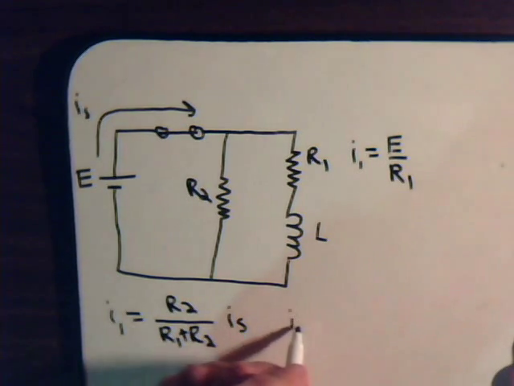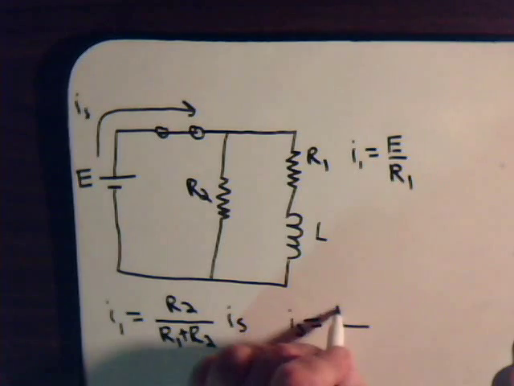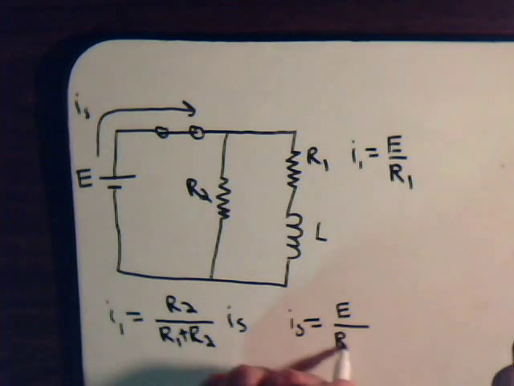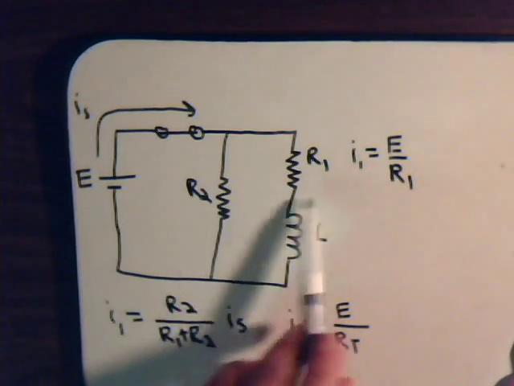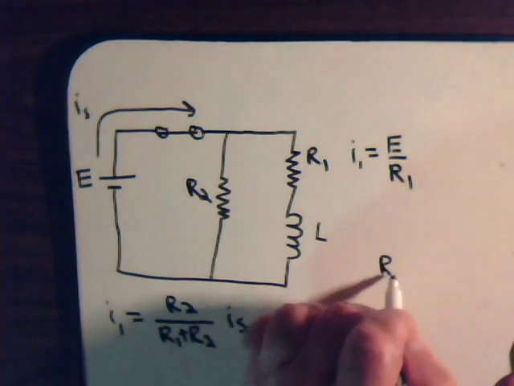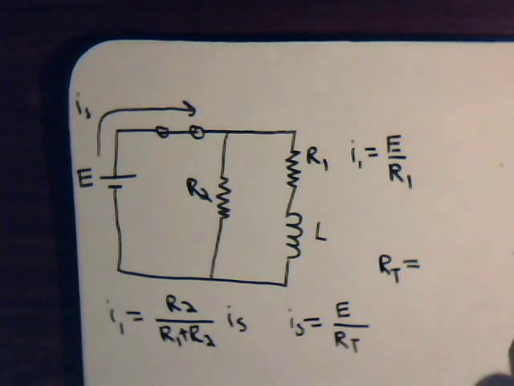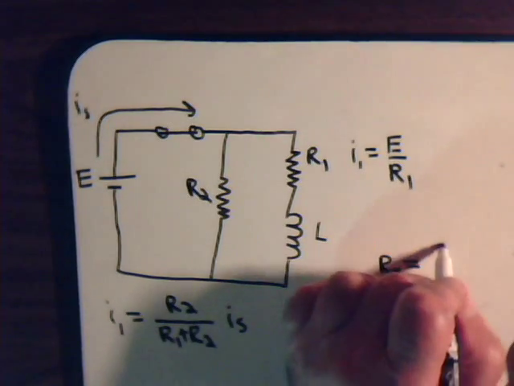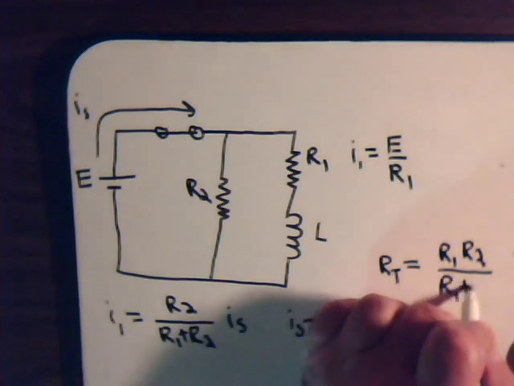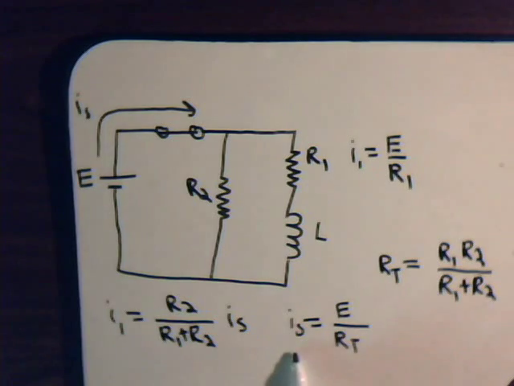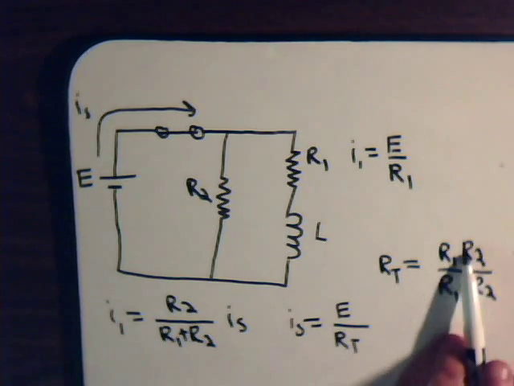Well, IS equals E divided by the total resistance of the circuit. Here we have two parallel resistors, so RT is equal to R1 times R2 divided by R1 plus R2. IS equals E divided by this, so we write in what IS is equal to: E times the reciprocal of RT.